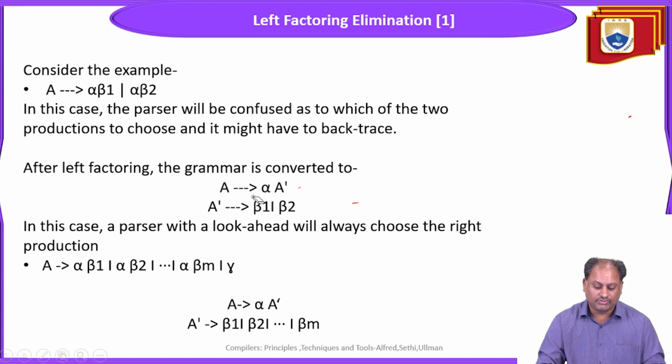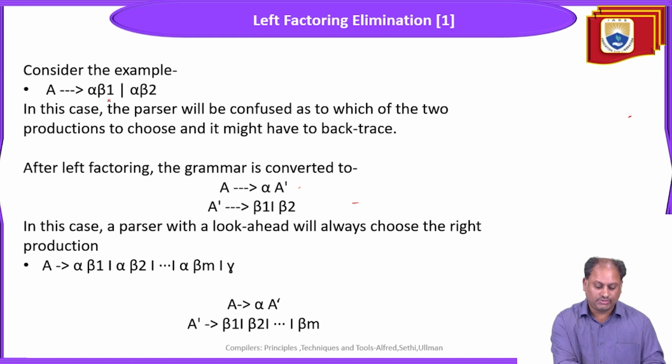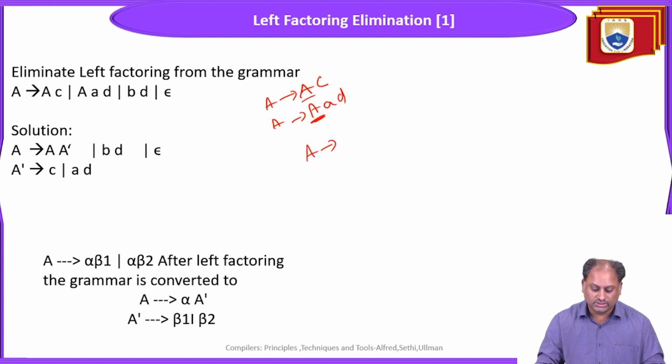What is alpha? That is the first term, alpha beta 1, alpha beta 2, where the repetition occurs, that is to be considered. Here alpha is A only, so that's why we consider this as alpha.